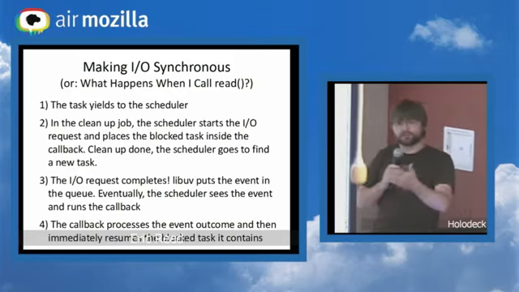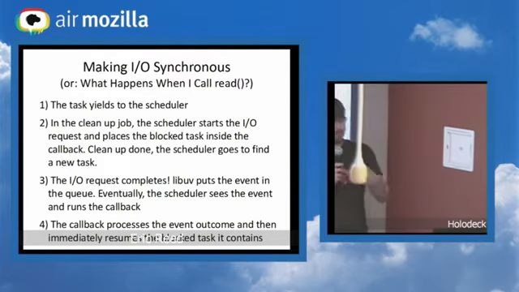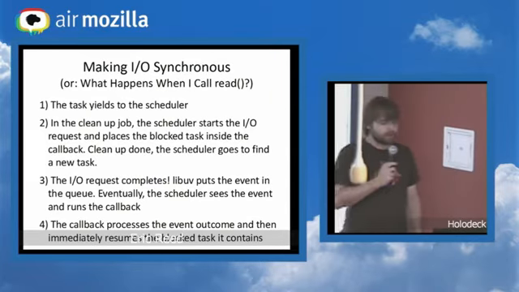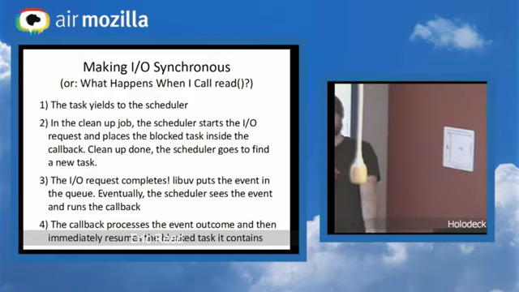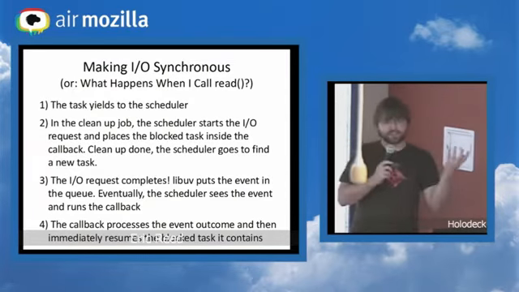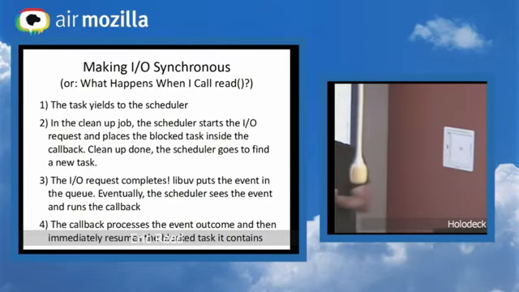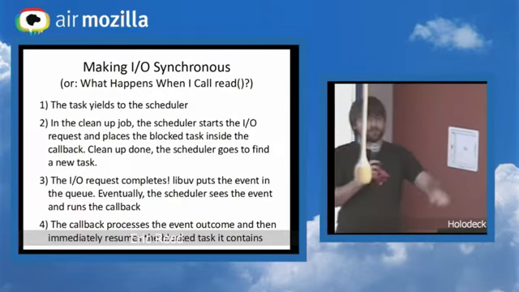And it gives the scheduler this cleanup job that it needs to run before it goes and picks some other task to do. And in this cleanup job, we actually call into libuv and call libuv's read function, which takes some callback. It starts a request, and it takes a callback to run when the request completes. And we actually take the task, and we wrap it inside this callback and basically give it to libuv.